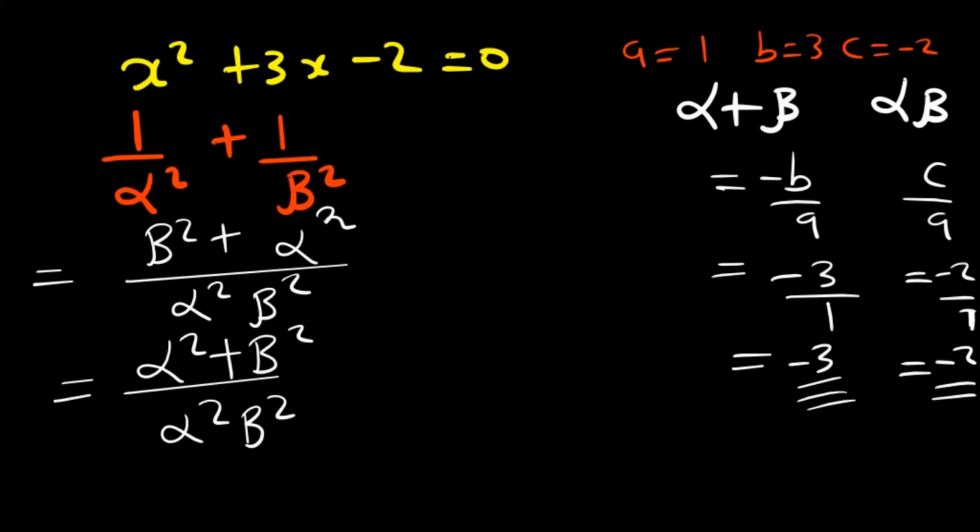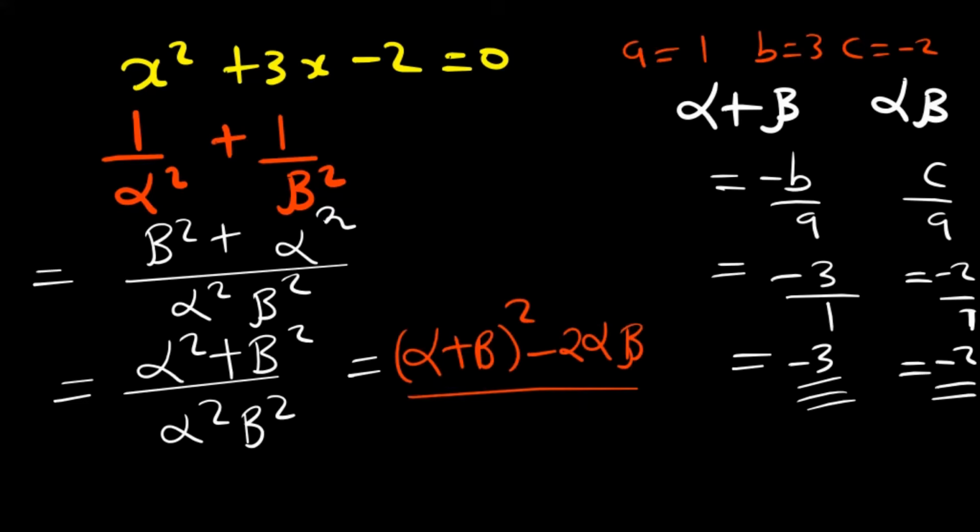Basically this. Then what did we say the alpha squared plus beta squared on top is? We said it can also be written as alpha plus beta, you square it, minus 2 alpha beta. It's very important that you understand that one.